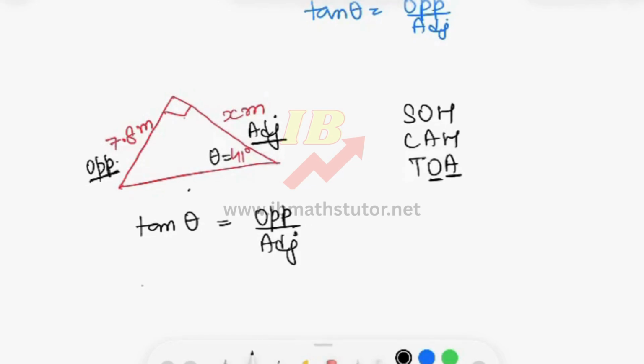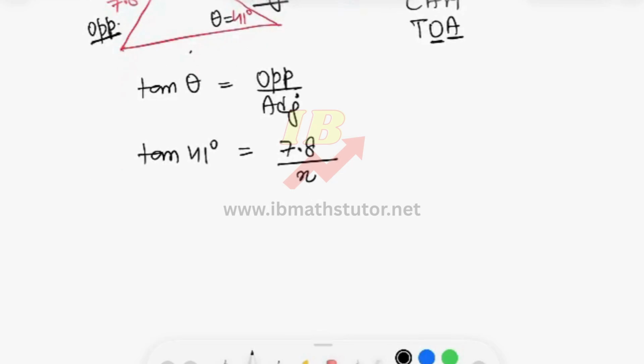Now theta's value is 41 degrees, opposite is 7.8 and adjacent is x, right? Now we can do the normal calculation by cross multiplying. So x comes out to be 7.8 divided by tan 41 degrees.